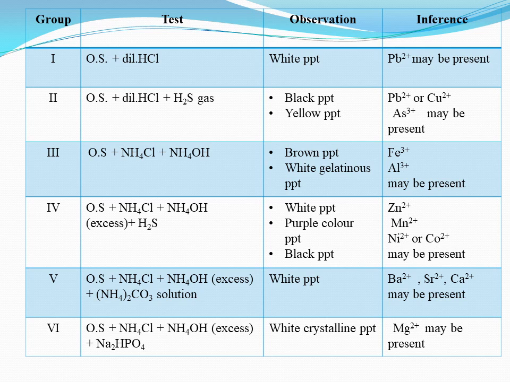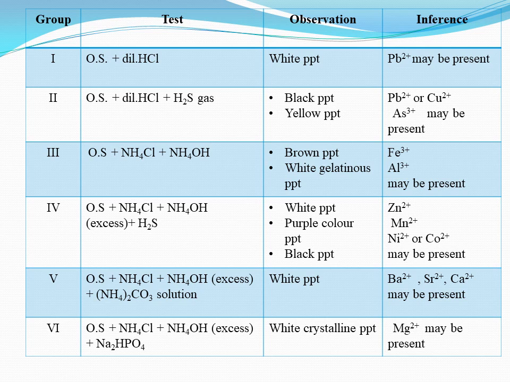But if it does not, then do the confirmatory test for calcium ion. So by doing the confirmatory tests, you will get any one of these radicals. If you don't get any PPT after addition of the specific reagent, it means that the fifth group is absent. Then you should move to the next group of basic radicals.